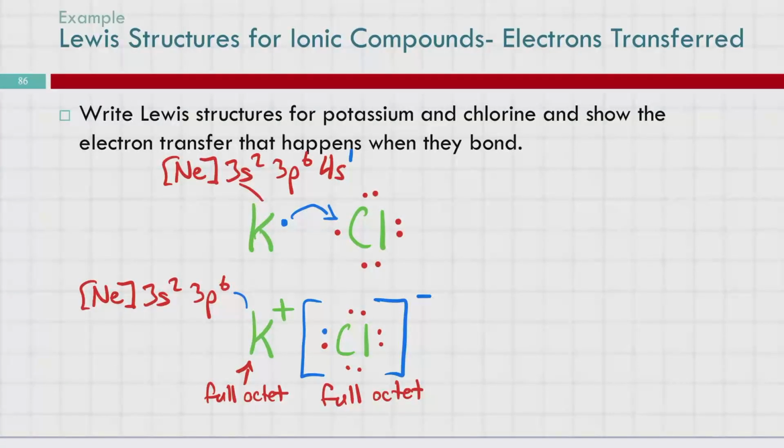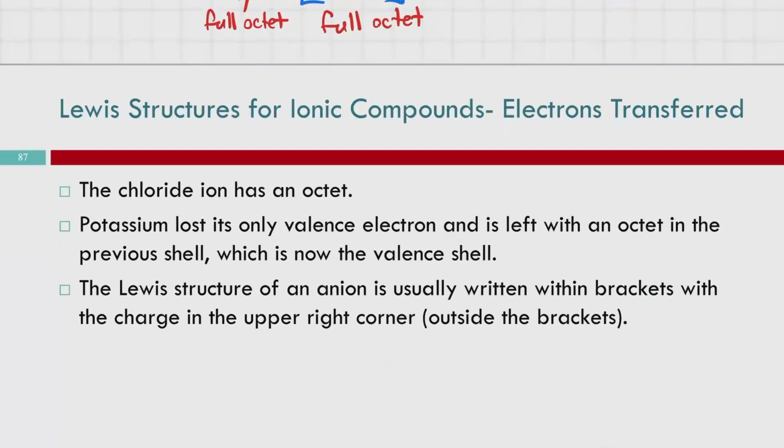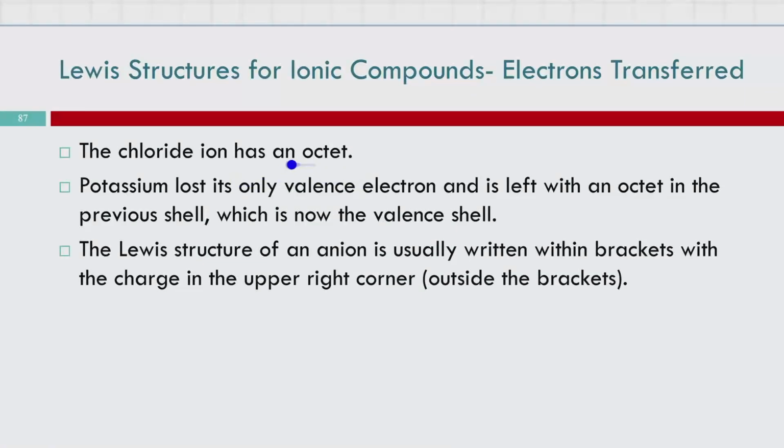So that's why that works. So the chloride ion has an octet. Potassium lost its only valence electron and is left with an octet in the previous shell, which is now the valence shell. Previous shell being n equals 3.